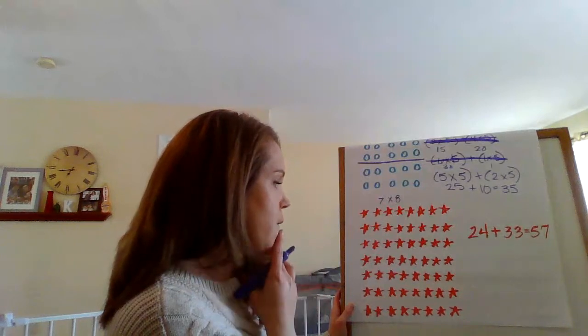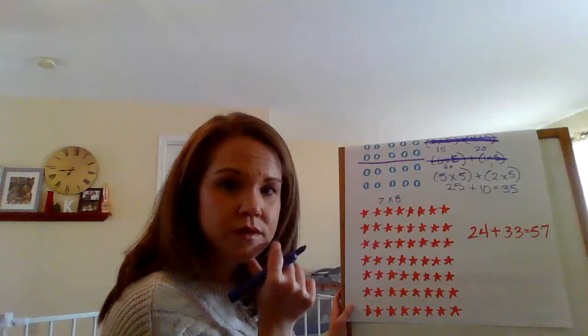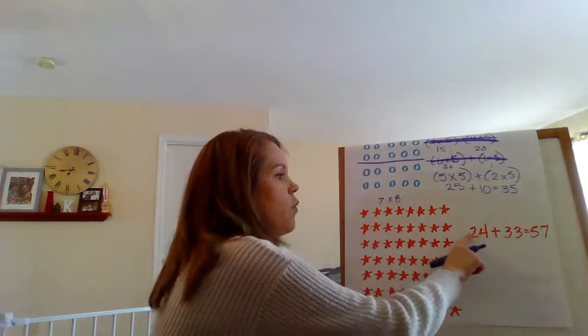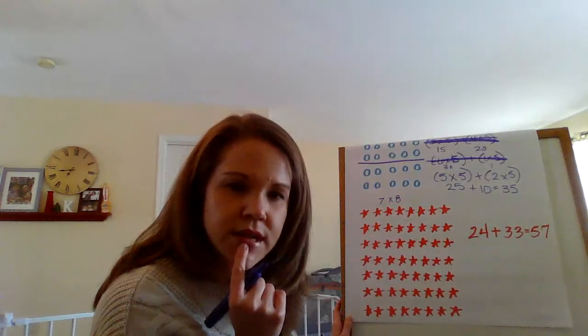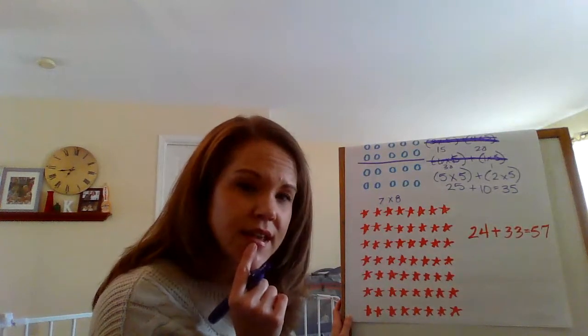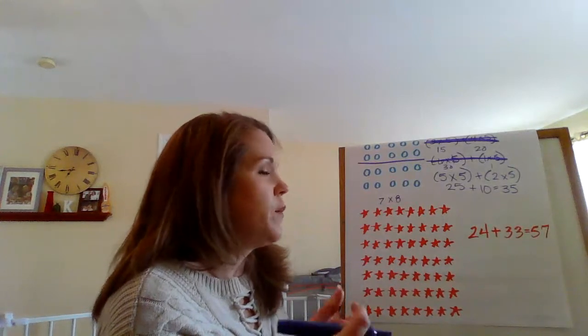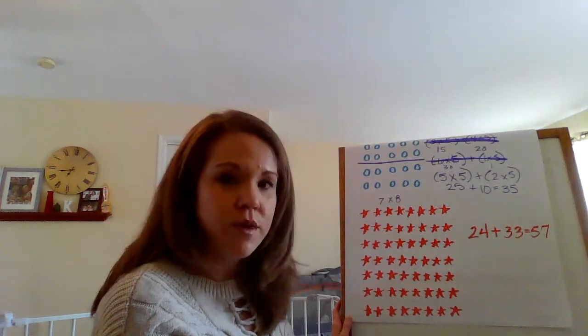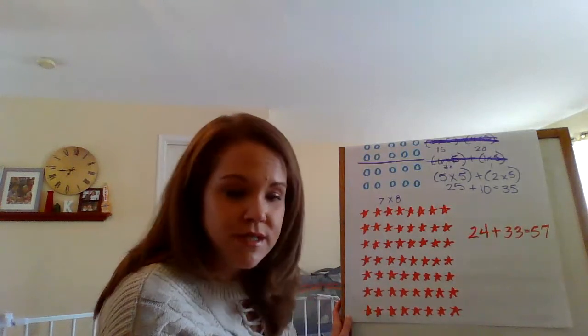I'm thinking to myself, if they got 24 as one of the parts of their answer, they probably broke up the 8, right? Because when I'm counting by 8s, I say 24: 8 times 1 is 8, 8 times 2 is 16, 8 times 3 is 24.